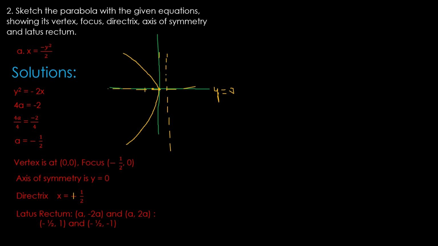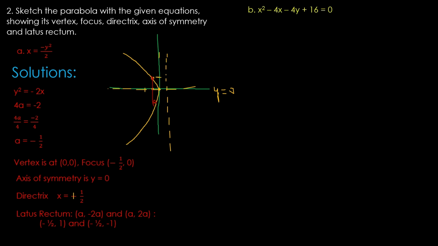If this is 1, and this is -1/2, our latus rectum is here. This one is (-1/2, 1), and the other is (-1/2, -1). So our latus rectum passes through the focus.